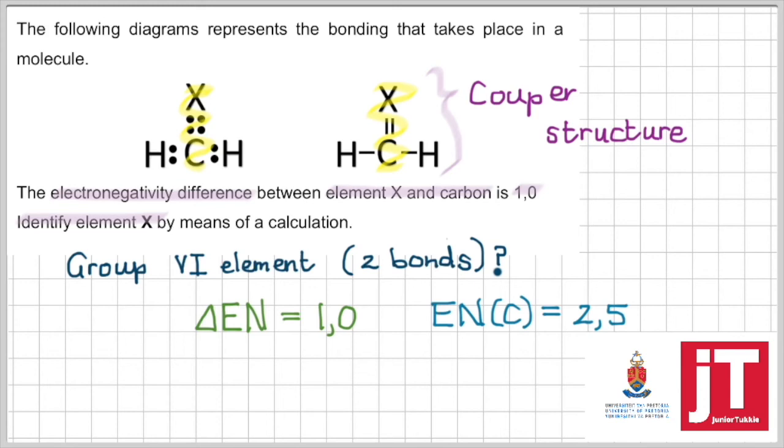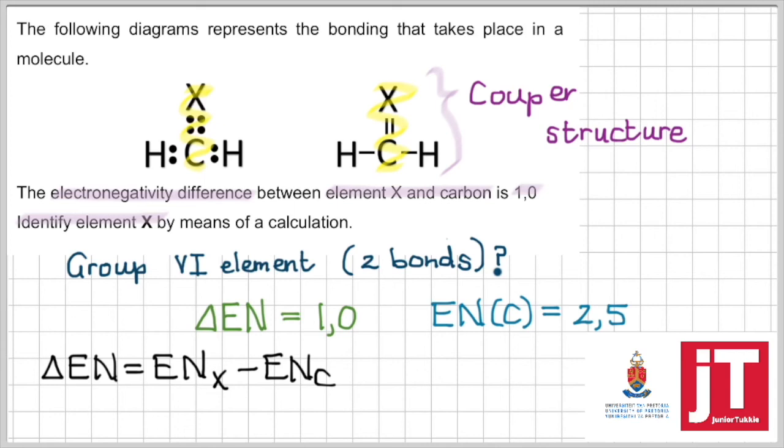Now we need to use the electronegativity difference calculation in order to get closer to finding out what element X is. So we say the electronegativity difference is equal to the electronegativity of element X minus the electronegativity of carbon.